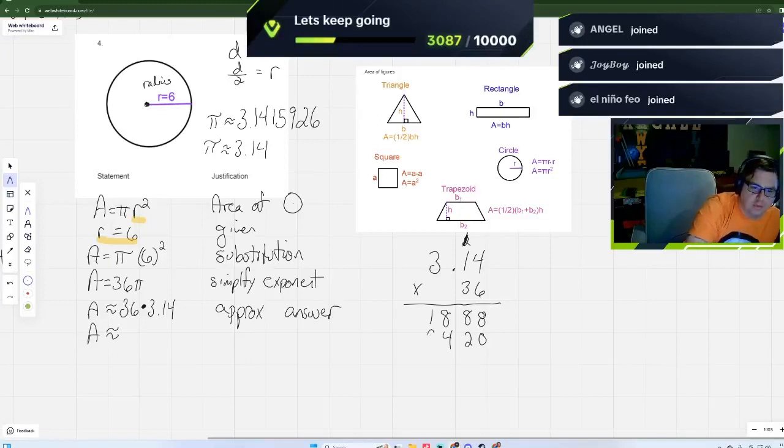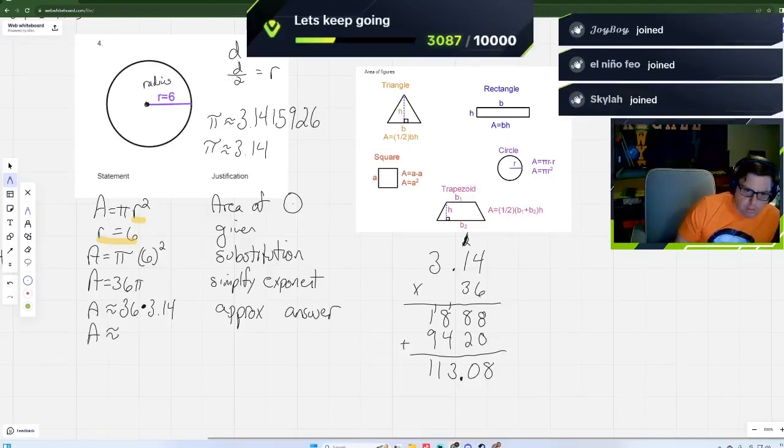And then 3 times 3, which is 9. Okay? Add, and we get 8, 10, 12, 13, and 10, and then 11. Now, how many numbers are behind the decimal place? We have to make sure and keep those 2 numbers behind the decimal place.